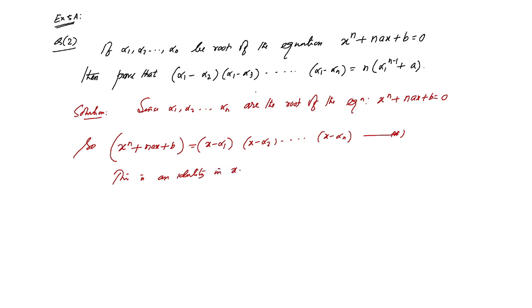Now we need to think about alpha 1 minus alpha 2 and so on. Okay, we'll differentiate the identity in x. This is a polynomial function, so we can differentiate both sides.